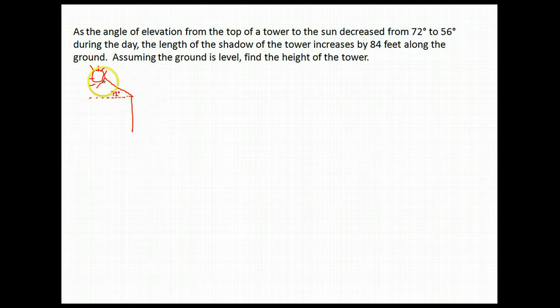And then on the other side, notice the sun's over here. The sun would cast a shadow of the tower this direction, and that shadow, it says, was increased by 84 feet. So originally it was just the length of x. Okay, so this is one situation that we're looking at.